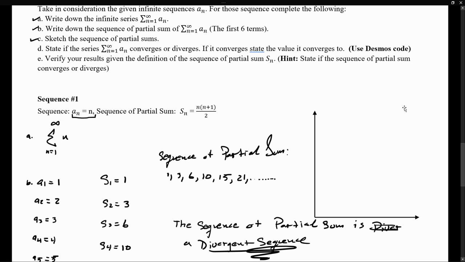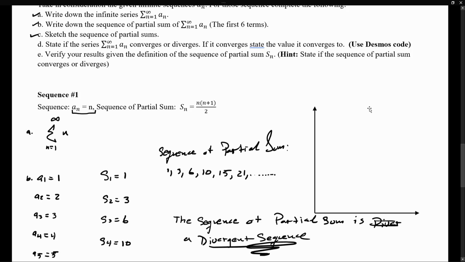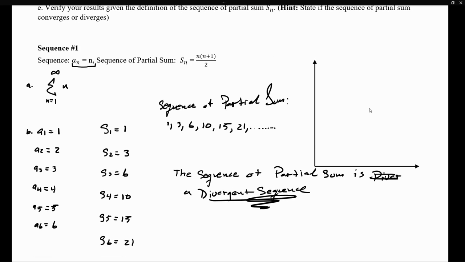Now, if the sequence of the partial sums is diverging, then what we can say is that the actual infinite sum of the infinite sequence, which we wanted to take to be just n, is going to be equal to, in some sense, infinity, because it's just going to be increasing without a bound.